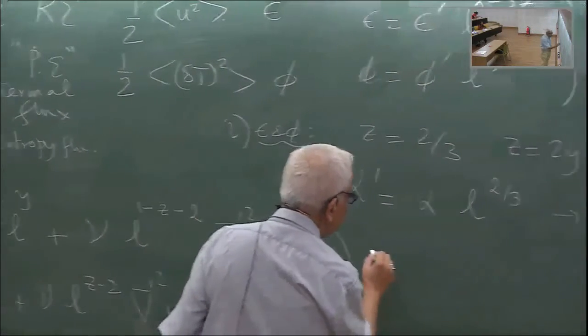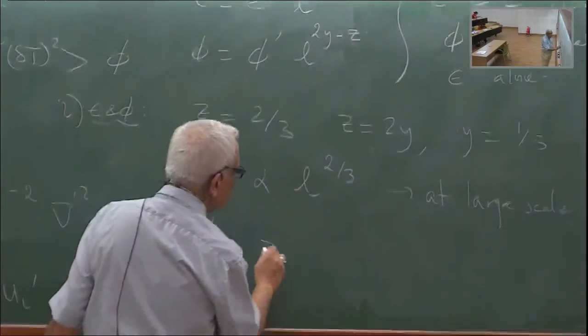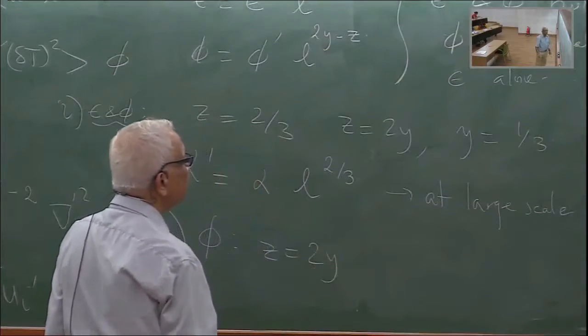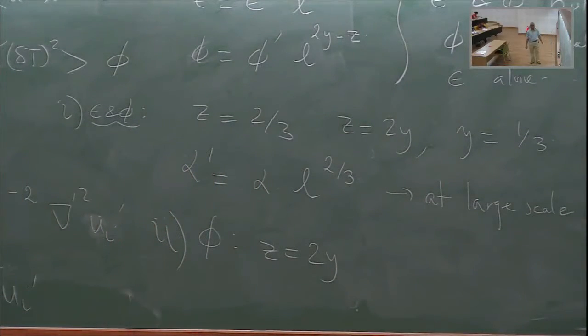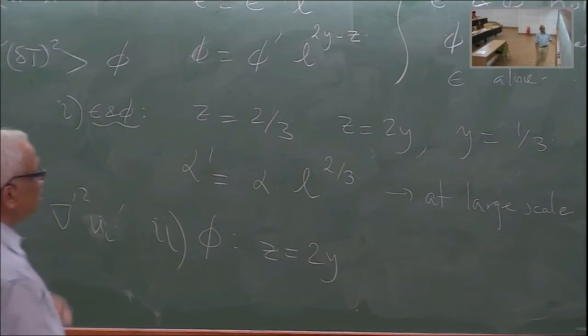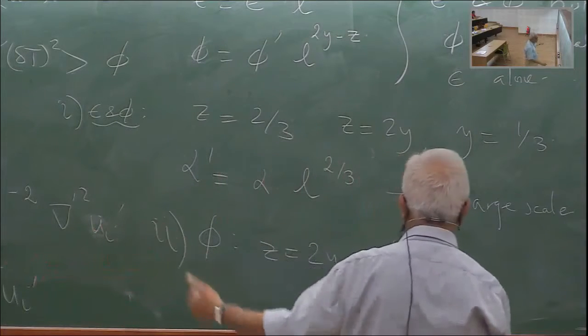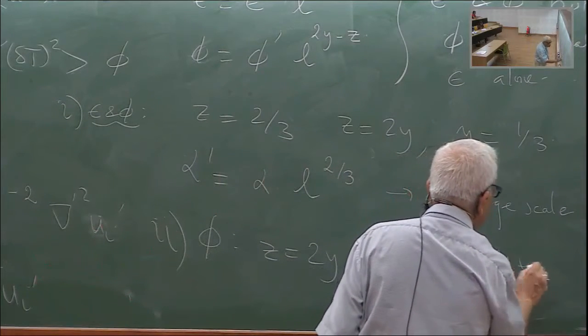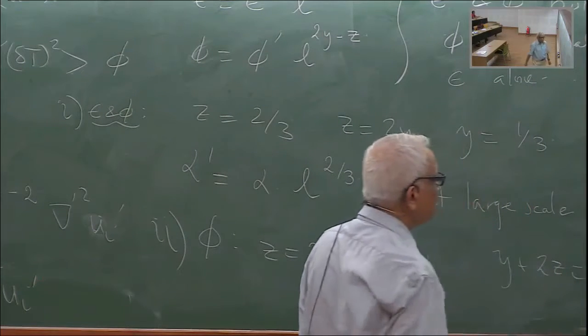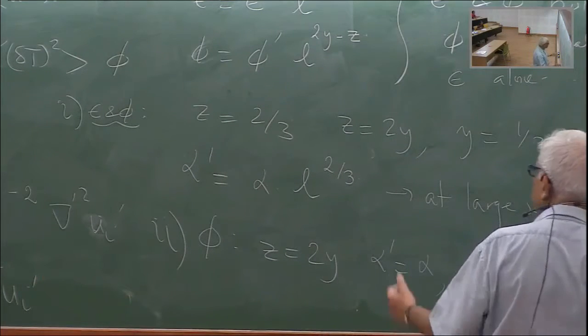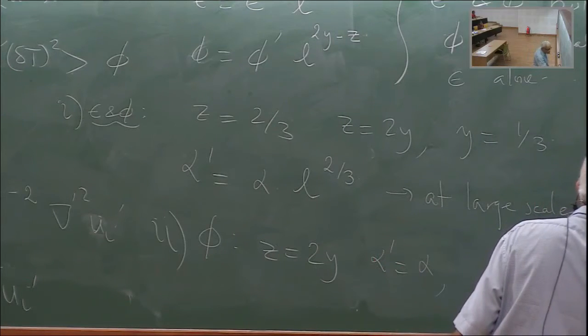Phi alone is fixed. So phi is z equal to 2y. And now you want to impose that alpha cannot decrease at large scale. So you want to impose the condition that alpha prime is equal to alpha, which means that y plus 2z is equal to 1, and therefore z is equal to 2y, and therefore y equal to 1 by 5.